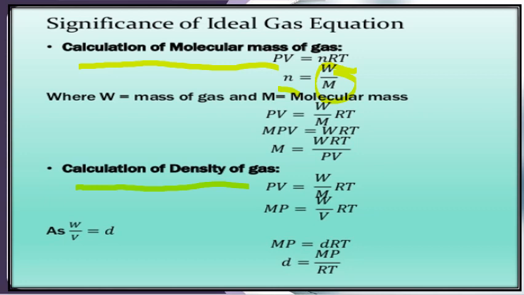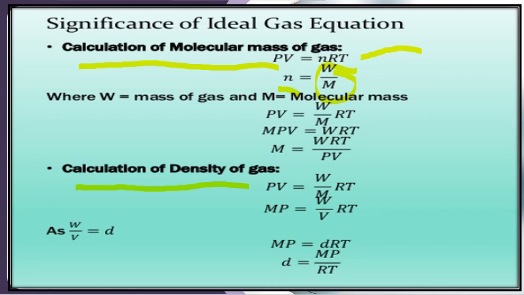If we apply this term instead of n in this equation, you will get PV is equal to W upon M times RT, right? Now rearrange this equation by taking the M to the other side, and it will turn like this: PVM is equal to WRT.